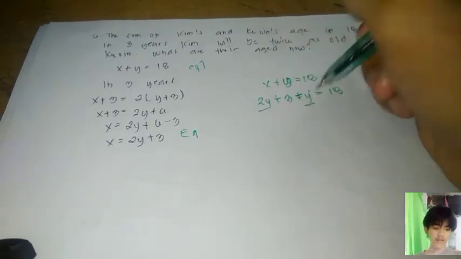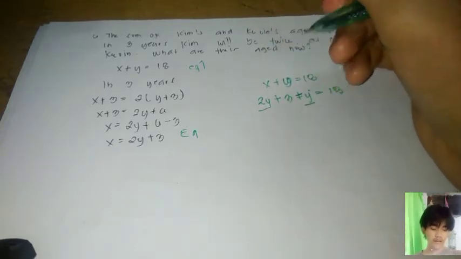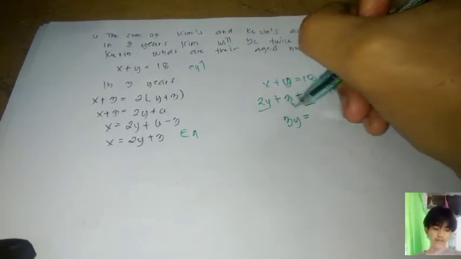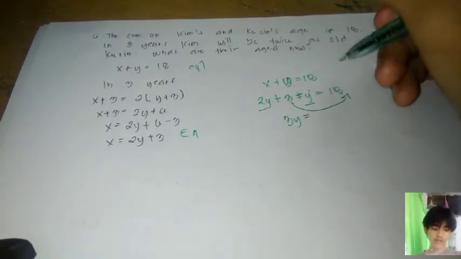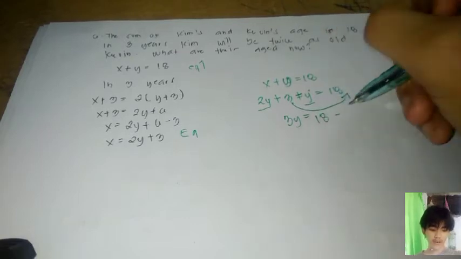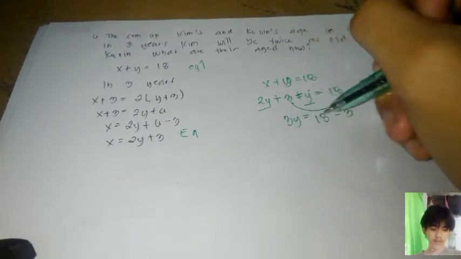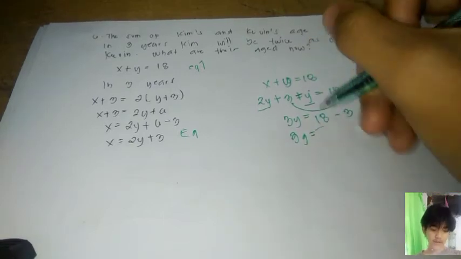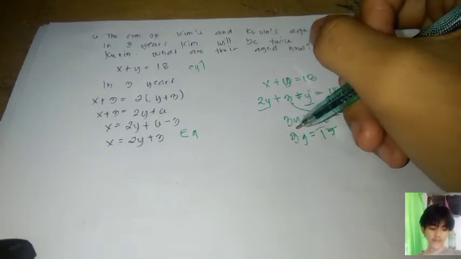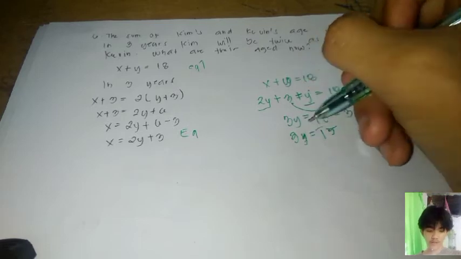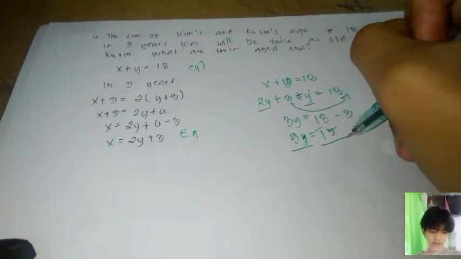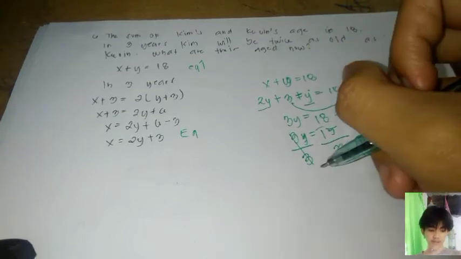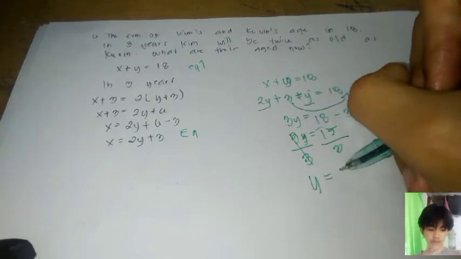Let's add the 2y plus y equals to 3y, and then let's transpose the 3 to the other side. So we have copy the 18 minus 3, copy the 3y, let's subtract this, so we have 15. To solve the y, we have to divide each side by 3. So let's cancel this out. So our answer is y is equals to 5.